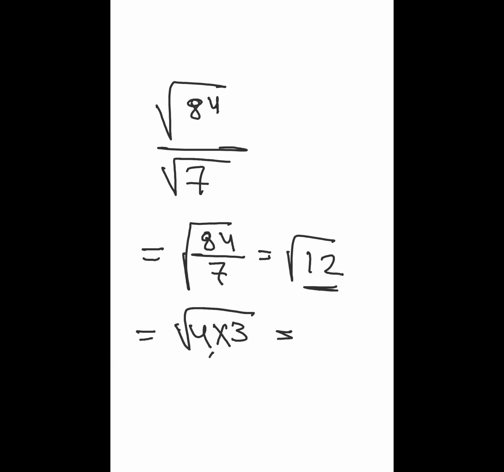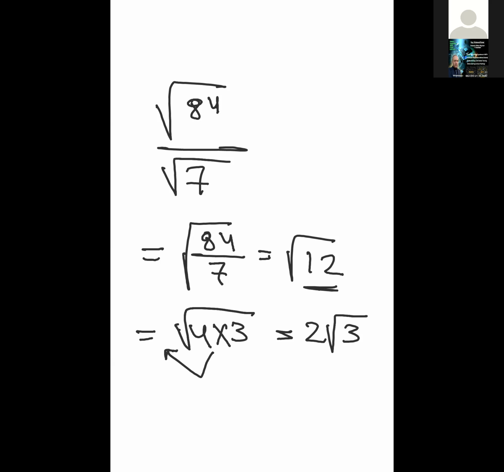The 4 is a perfect square, so it will equal 2 square root of 3. Clear? Do you have any questions, guys? No. Okay, very good.